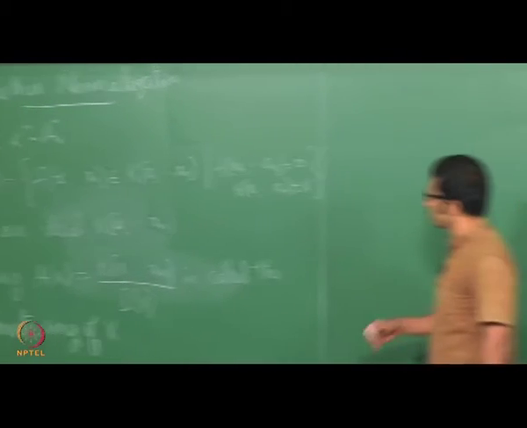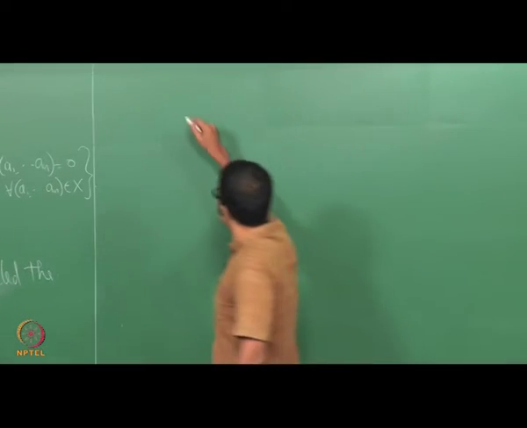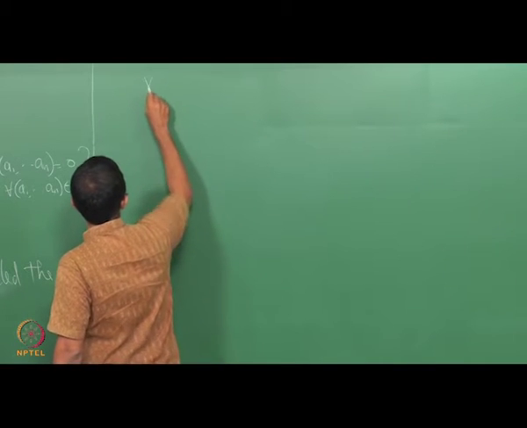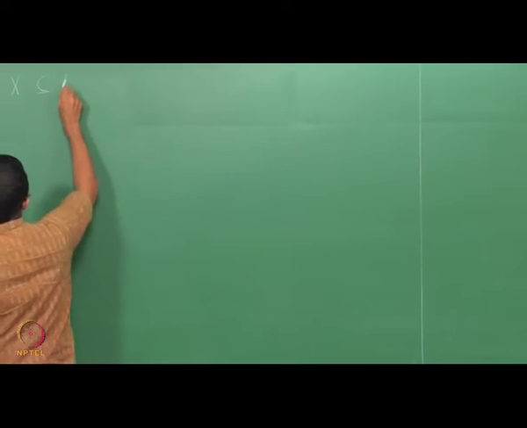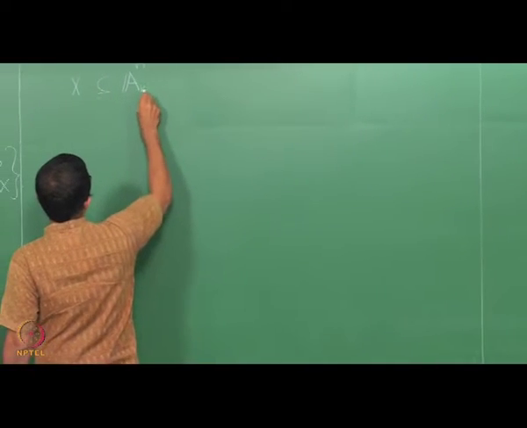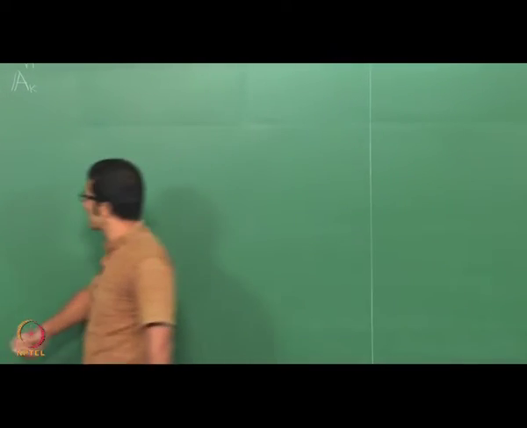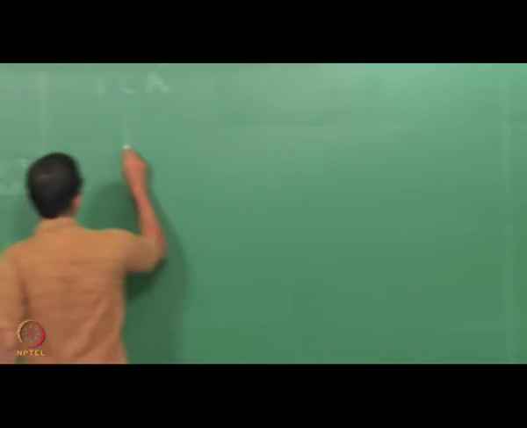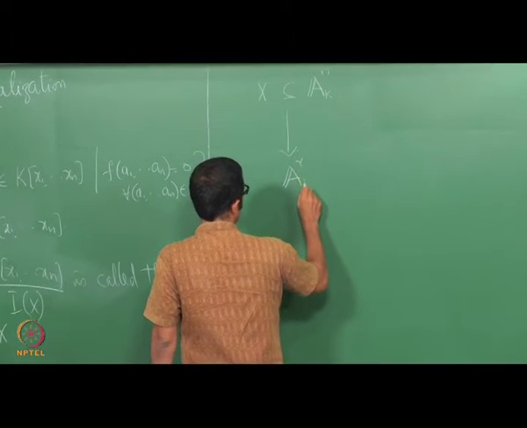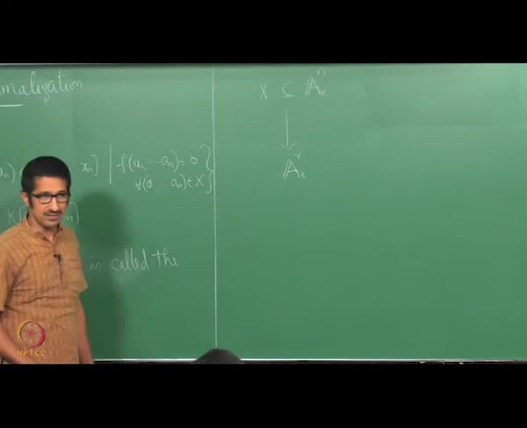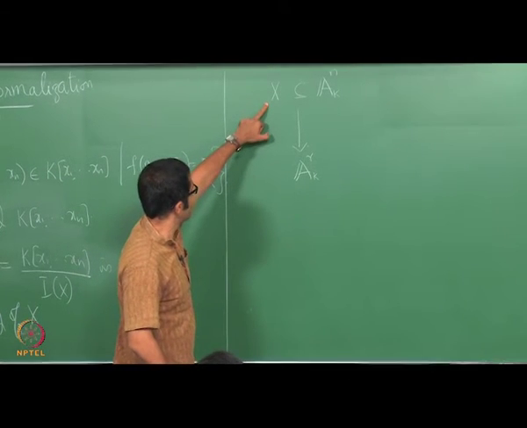So, the idea of the Noether normalization is the following. Suppose you have an algebraic set X in some A^n_K. The question is whether we have a projection onto A^r_K.